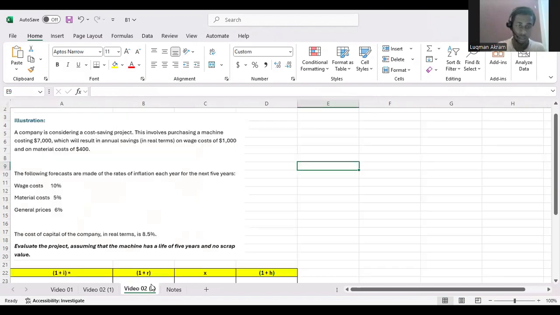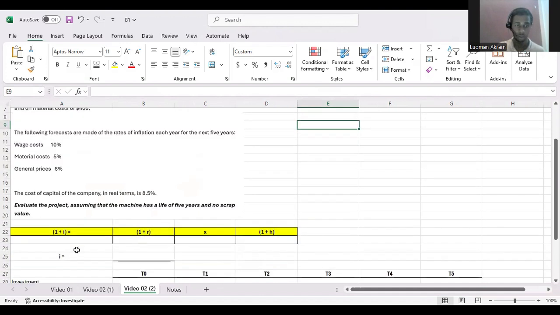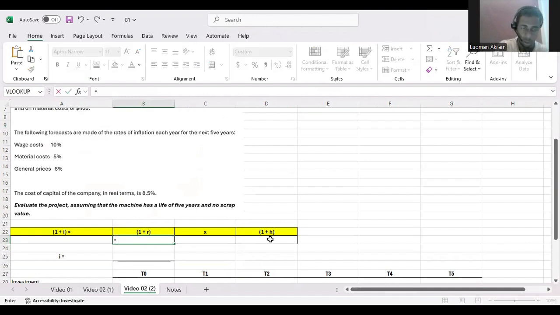So let's attempt the question. We have to convert the cost of capital of the company into money terms if we are doing it in the money rate. Therefore, the real terms should be converted to money terms. Let's apply it inside the formula. So we know 1 plus R is 1 plus 8.5%.